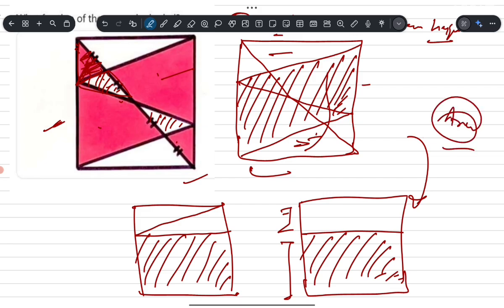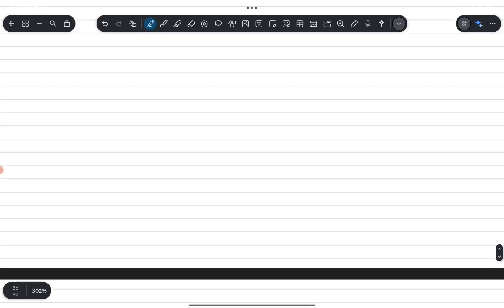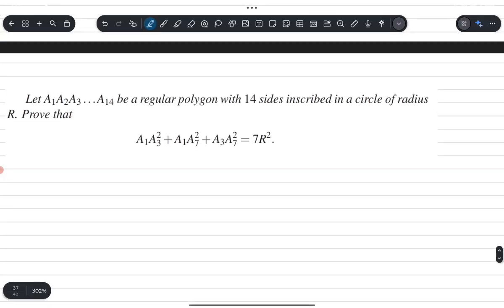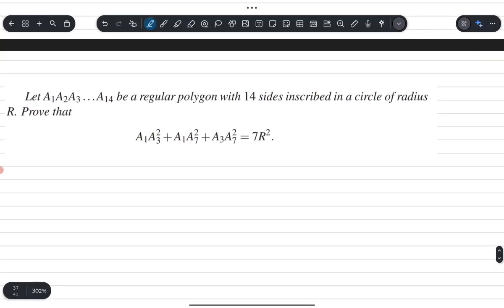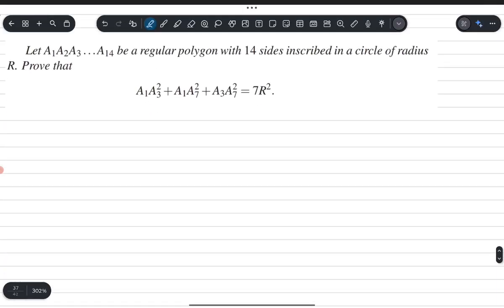Now, the actual difficult problems that you'll be getting using transformations are like this. They appear if you scroll through the old Putnam PYQs and a lot of CMI problems.